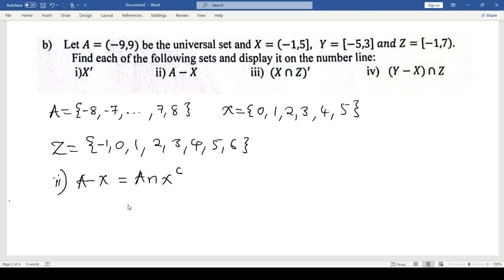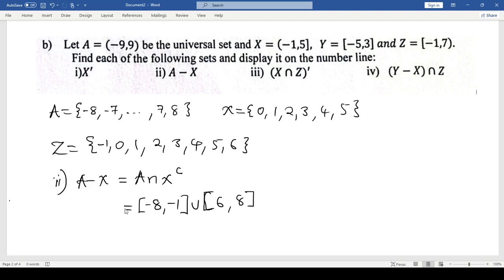So you notice that negative 8 is included in that set all the way up to negative 1, union anything else that's not included in x, so that's 6 to 8. So we have 6 included, comma, 8 included as well.